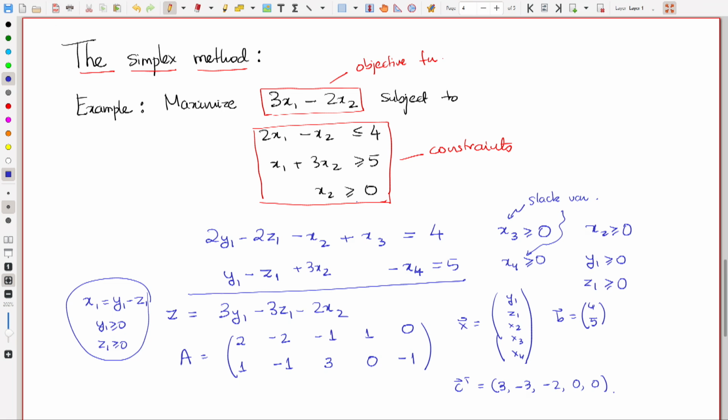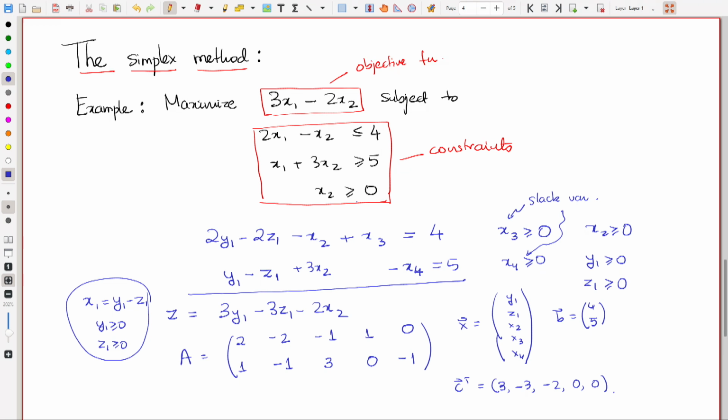In that case, I would just replace x 2 by minus y 2, changing the variable sign so that it is non-negative. So you can always turn any linear programming problem into this form. The 3 examples that we saw before involved variables which were not required to be non-negative and involved inequalities. So you introduce slack variables, you split up variables into differences, and you get it into equational form. This comes at the cost of increasing the number of variables and the number of constraints, but that is okay.